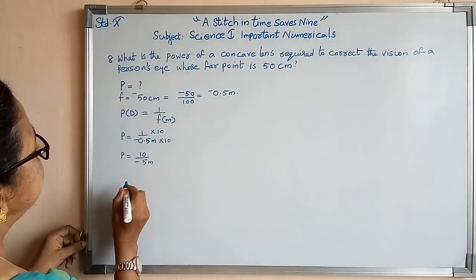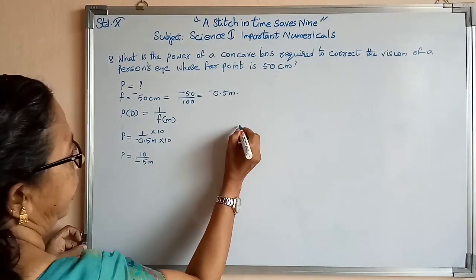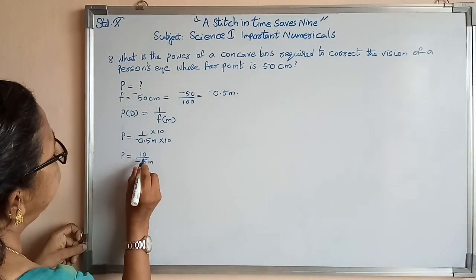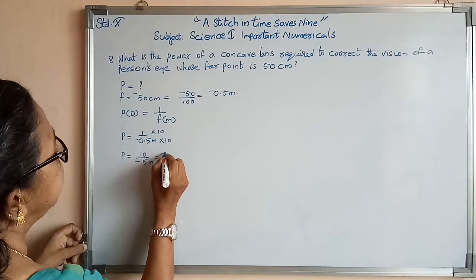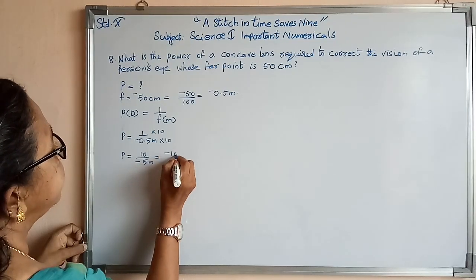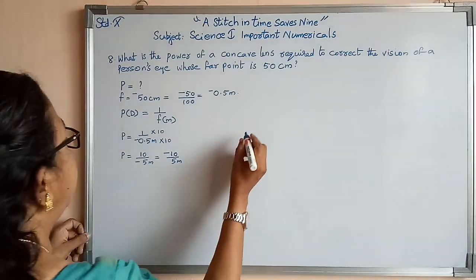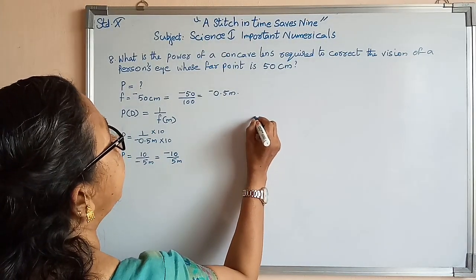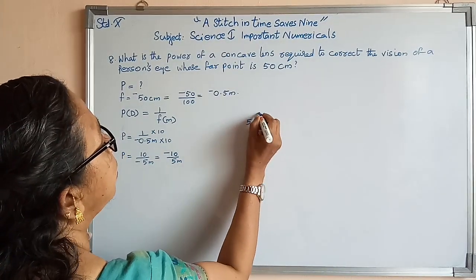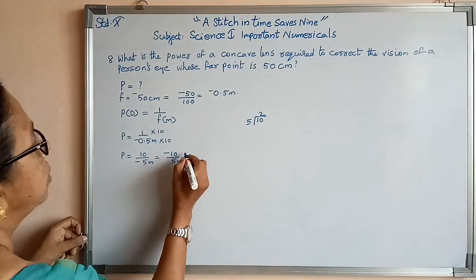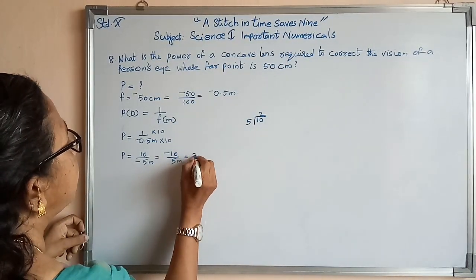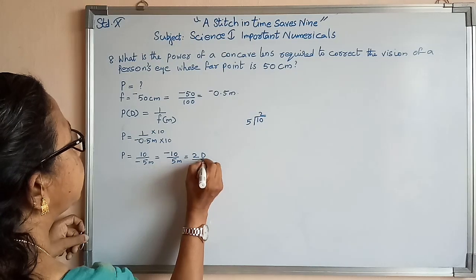So here your answer will be now 10 upon minus 5. You can write it even as minus 10 upon 5 meter. Now 10 divided by 5, our answer will be 2. So our answer is now 2 diopter.